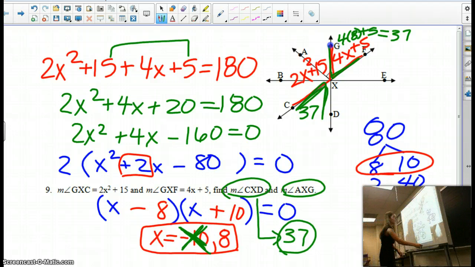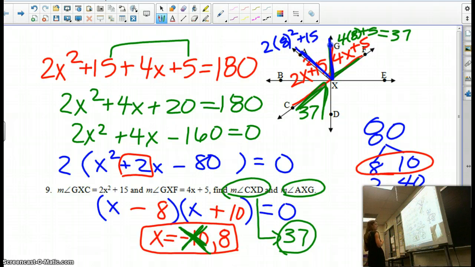And finally, angle AXG. So we have to think about how we're going to find the measure of that angle. Trying to see, so we know that one is 37. Let's plug in 8 right here. This problem's a doozy. Woo! 2 times 8 squared plus 15.